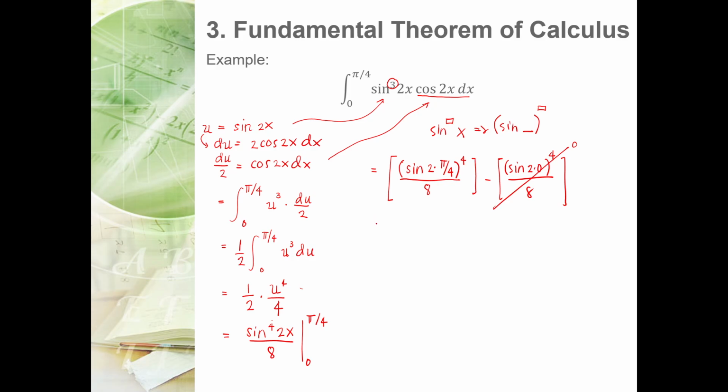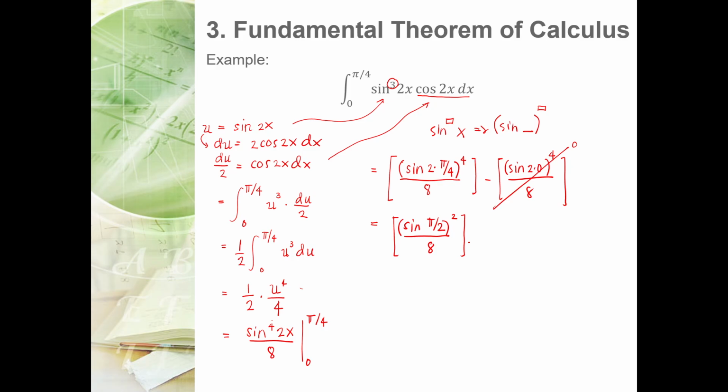Okay, so we now have to deal with the other term. This becomes sine of 2 times pi over 4, so this becomes pi over 2, and then raised to the fourth power all over 8.